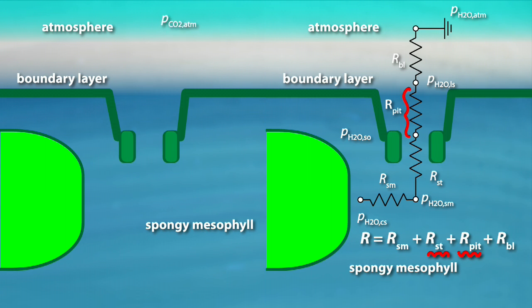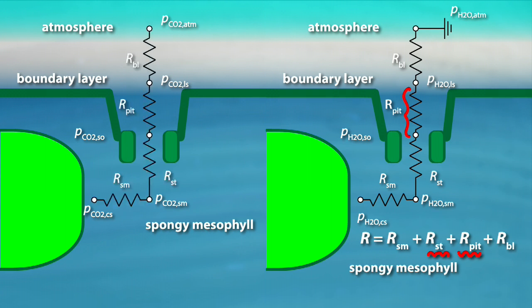From atmosphere, P sub CO2 ATM, to the leaf surface, P sub CO2 LS, through the pit to the stomatal opening, P sub CO2 SO, into the spongy mesophyll, P sub CO2 SM, to the cell surface, P sub CO2 CS, all limited by resistances to diffusion.